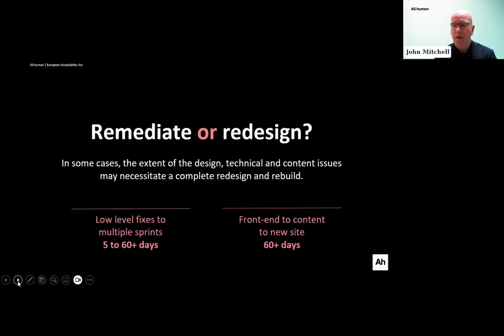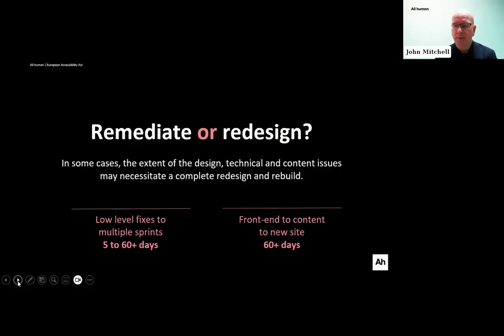Oftentimes we've seen where a long-standing or legacy set of web infrastructure or websites have been published for many, many years, and content has been updated over many years. You get that classic accretion of content and PDFs and so forth.